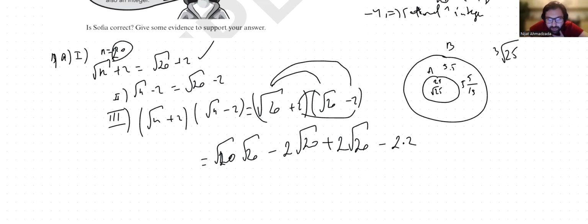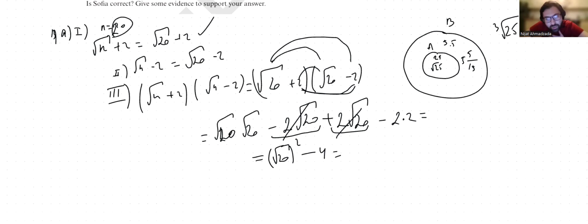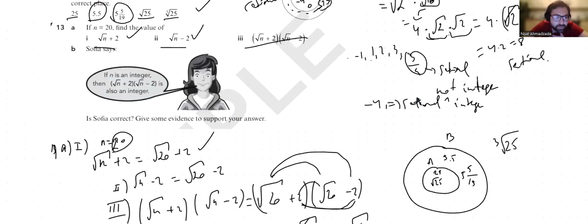Square root of 20 times square root of 20 is just square root of 20 squared. Minus 2 times square root of 20 plus 2 times square root of 20 cancel each other, minus 2 times 2 is 4. Square and root cancel each other, so it's just 20 minus 4, which is equal to 16. So we solved this part as well.